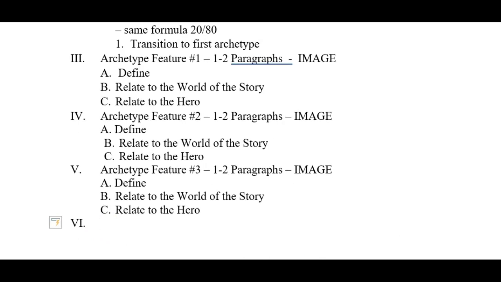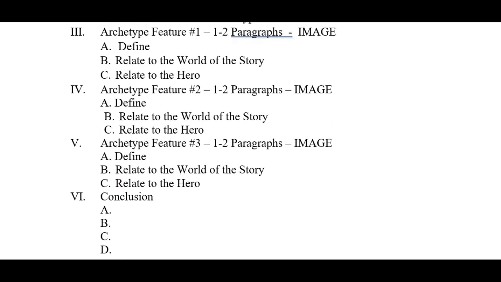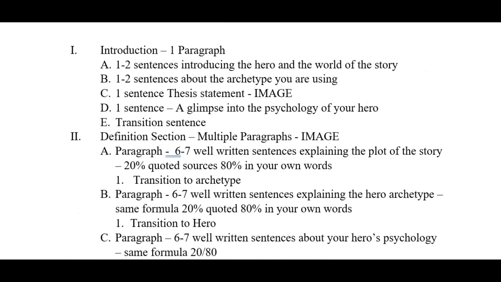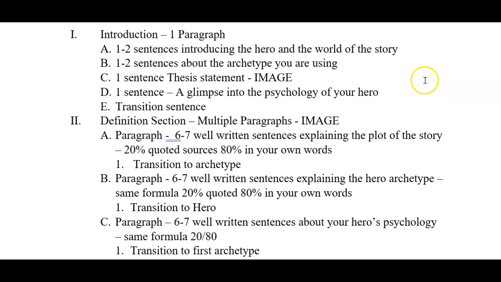That's the conclusion. Now, while I'm filling in this outline, I'm going to be conducting research, and I'm going to find those little pieces of research, and you can find that in that EasyBib tutorial number 1, where I show you exactly how to do this. Again, that's EasyBib tutorial number 1.